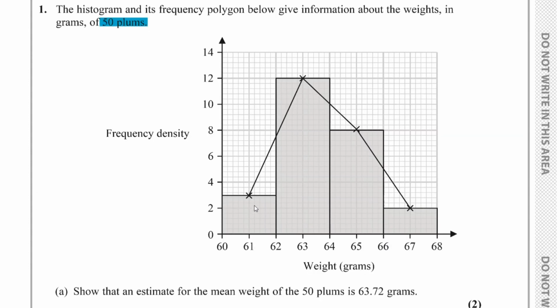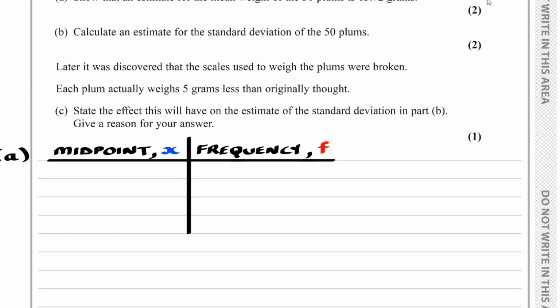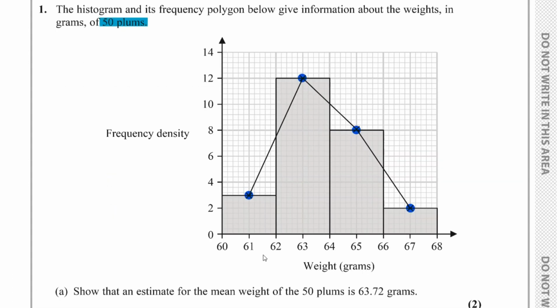For the midpoints, we've got the 61, the 63, the 65, and the 67. So adding these to our table, we have 61, 63, 65, and 67. And for the frequency, we can determine the frequencies by multiplying the class width by the frequency density.